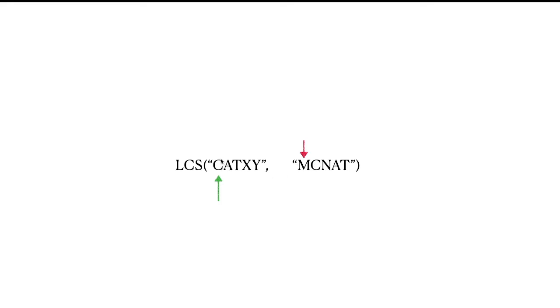So I notice that C and M are different, and since they're different, they cannot contribute to my LCS. So I have two choices here. I keep my first pointer fixed and I move the second pointer, or I keep my second pointer fixed and move the first pointer. So I have two possible choices, and I try to get the best out of both the worlds.